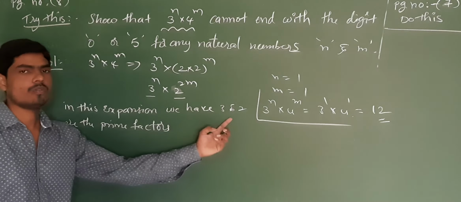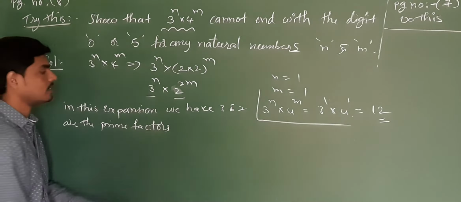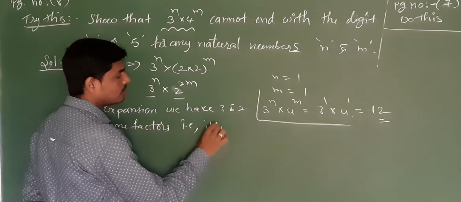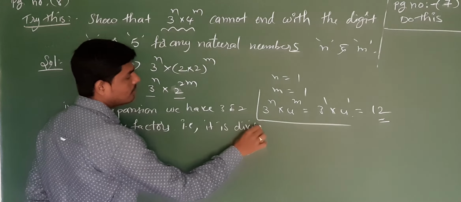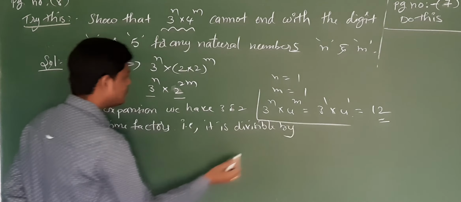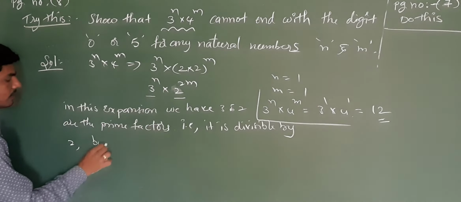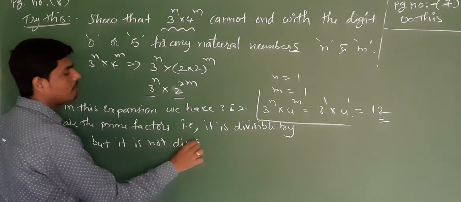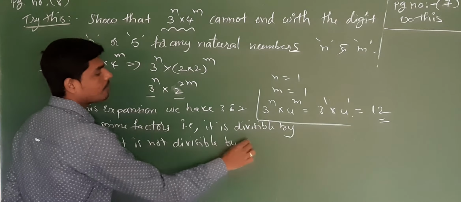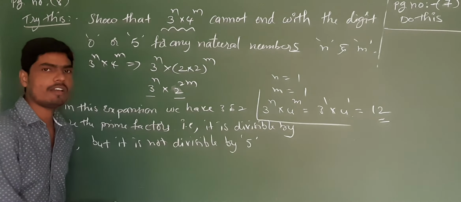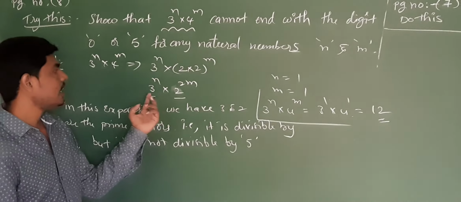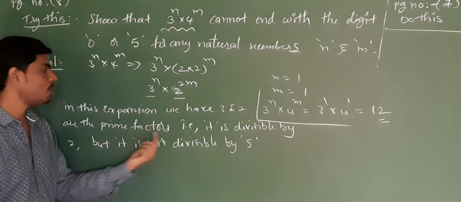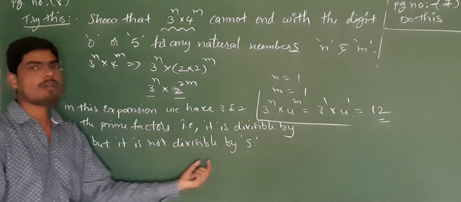Only these two are the prime factors. That is, it is divisible by 2, but it is not divisible by 5. Why is it not divisible by 5? Because in this expansion there is no 5. It has 2, that's why it is divisible by 2, but it is not divisible by 5.